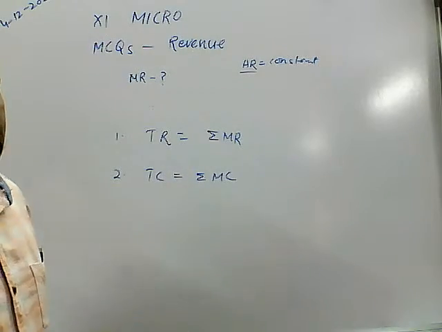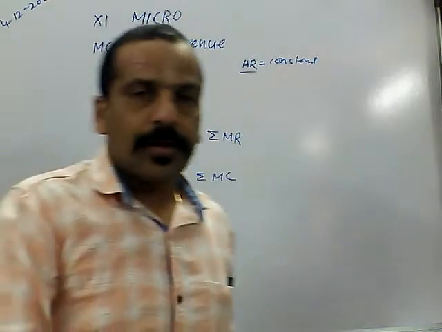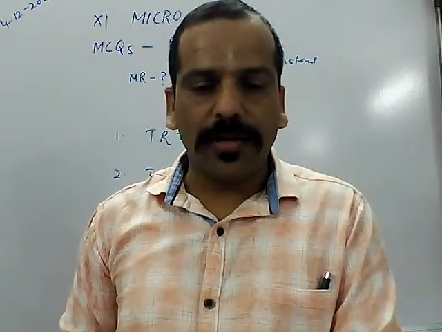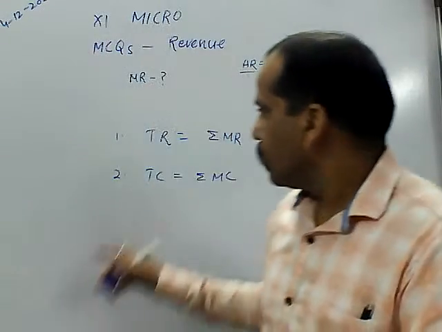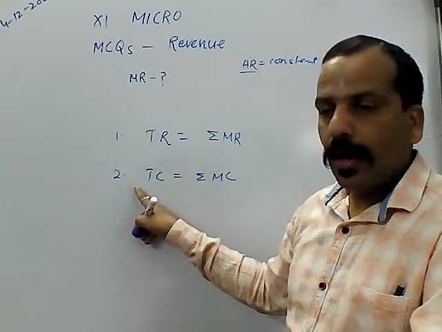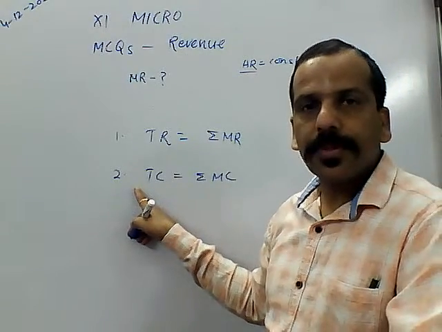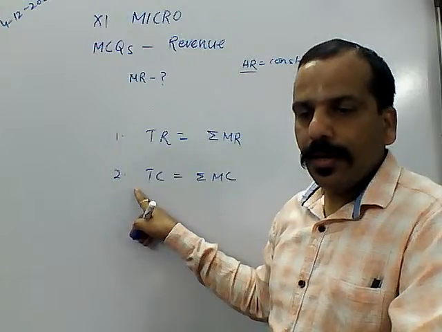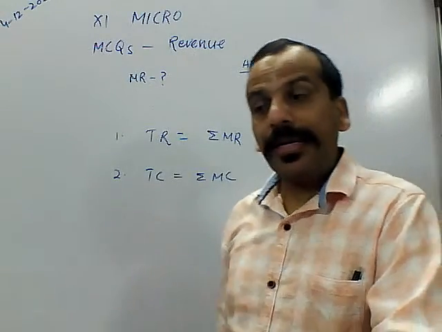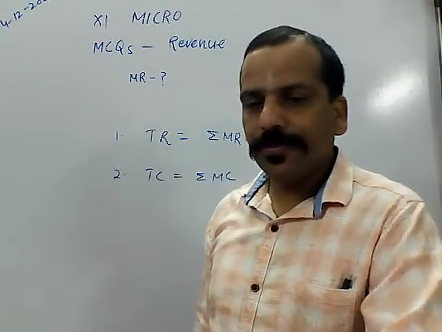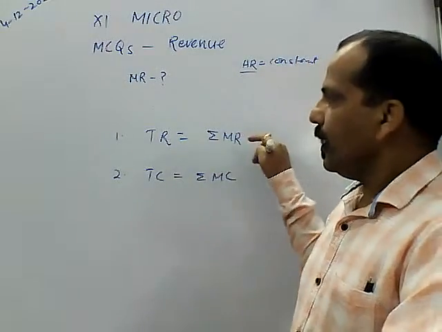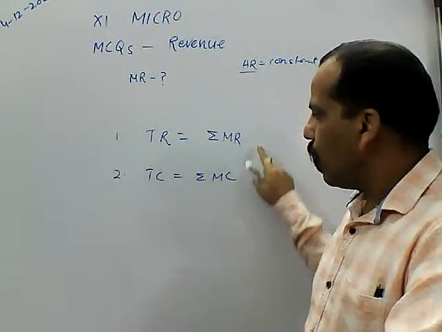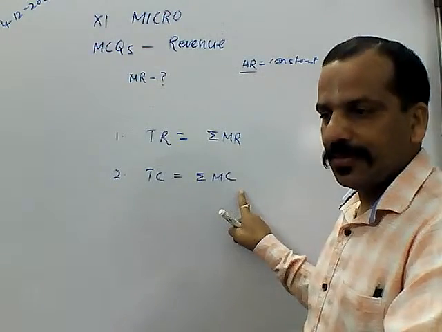Now, tick the correct option. Option 1, both A and B are correct. Second, both A and B are incorrect. Third, only A is correct. Fourth option, only B is correct.